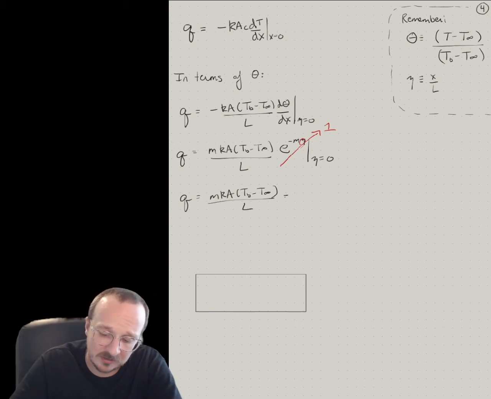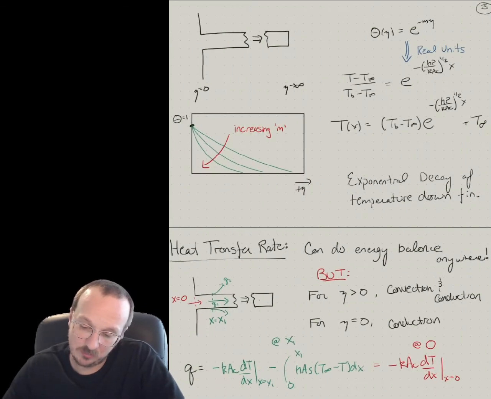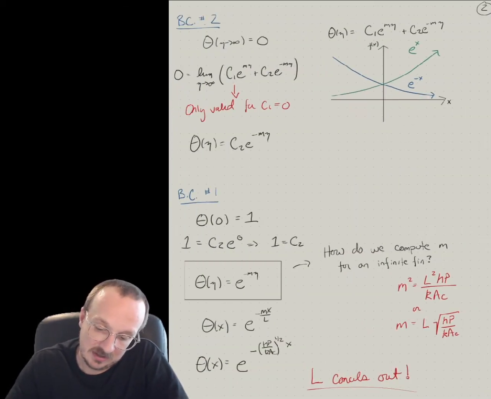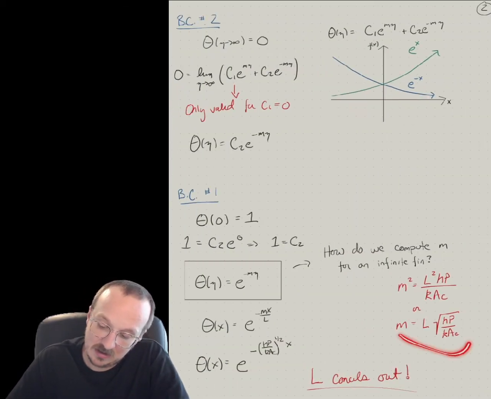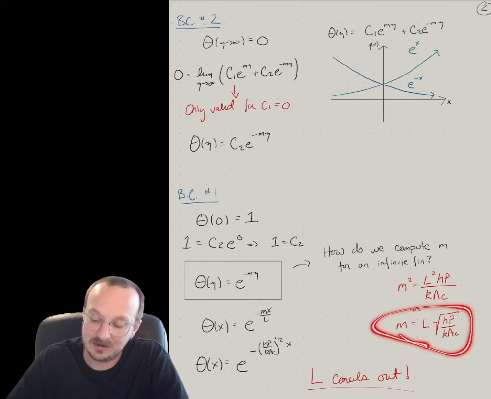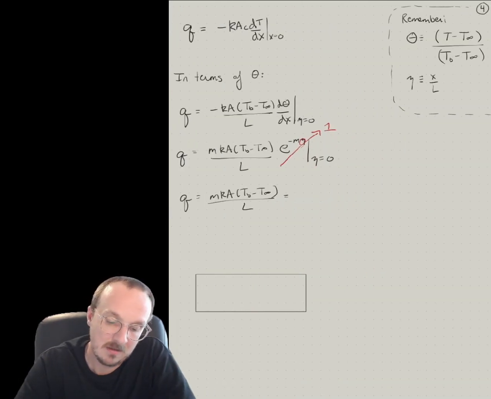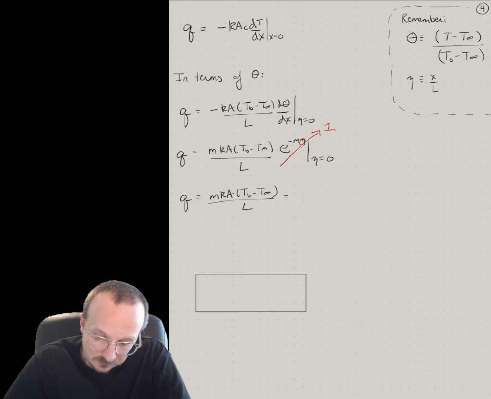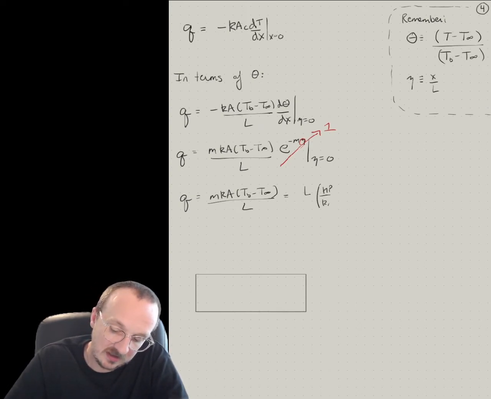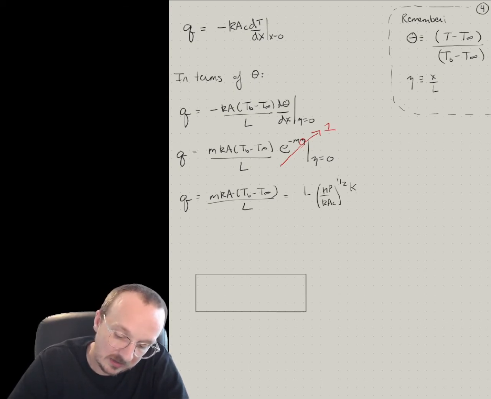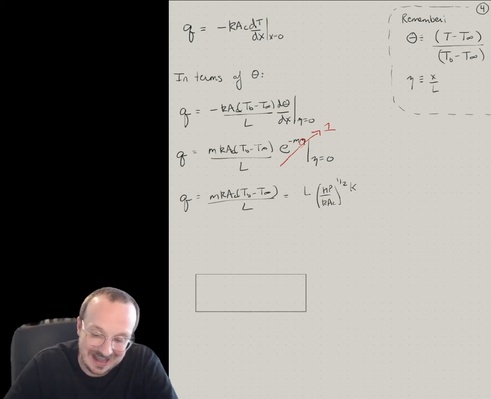And let's plug in m. What did we say m was? m is going to be L squared hP over kAc. And so we're going to have L and then hP kAc to the 1/2 multiplied by k. These are all cross-sectional areas, by the way.